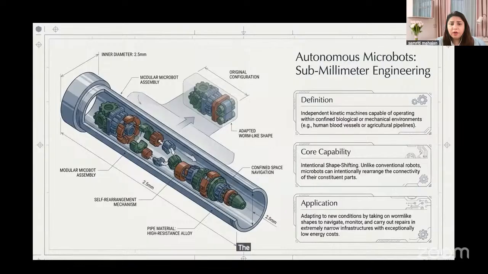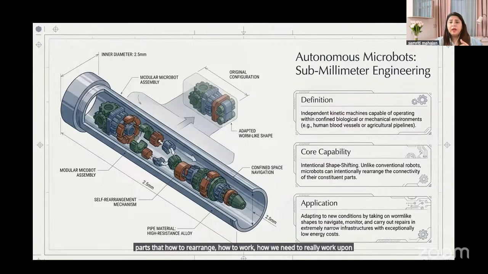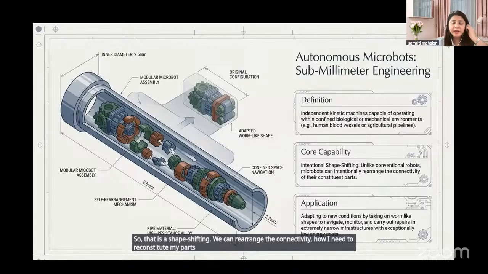The microbot can rearrange the connectivity of its constituent parts, reconstituting its parts as needed. So that is shape shifting.